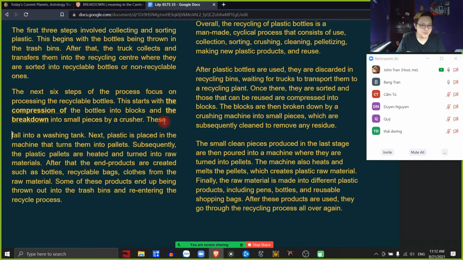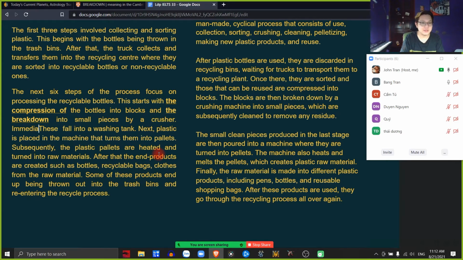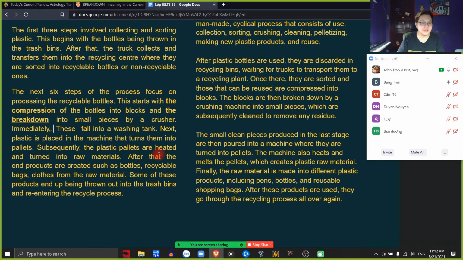Những cái đó tức là những small pieces này. These means the small pieces here. Có phải dùng từ nối không thầy? You can say immediately. Subsequently, immediately. Ngay lập tức những cái đó rơi vào cái washing tanks. Okay.